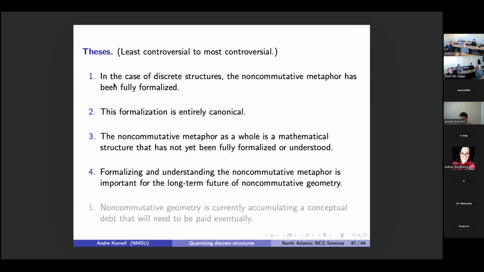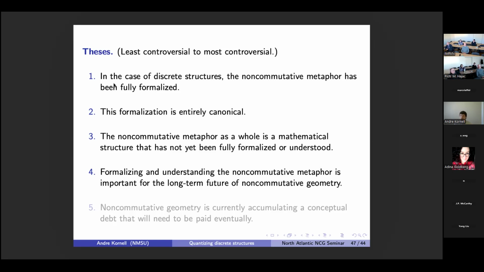Fourth, formalizing and understanding the non-commutative metaphor is important for the long-term future of the subject. It's important for two reasons. First, as the subject develops, we will not only want to be quantizing various structures in an improvisational way, but we will want to be relating these quantizations to each other. And for that, we need a coherent, consistent, overarching framework.